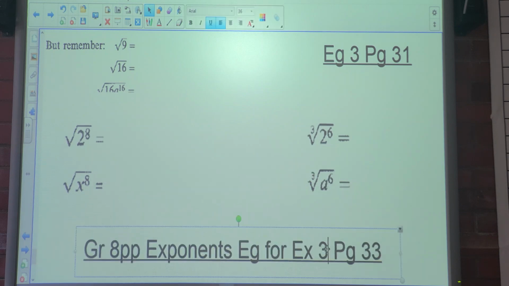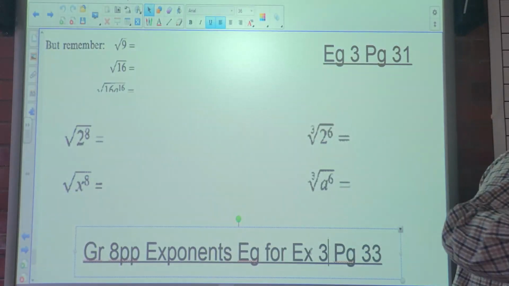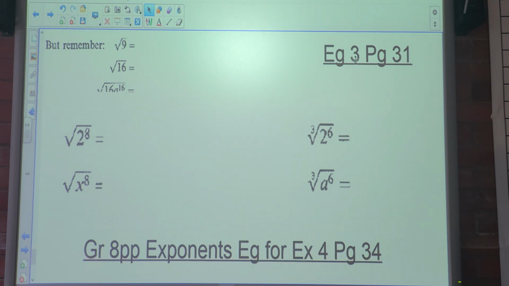Okay, we just give the right reference here. This is examples for exercise 4. And exercise 4, of course, is on page 34, and then this is examples.